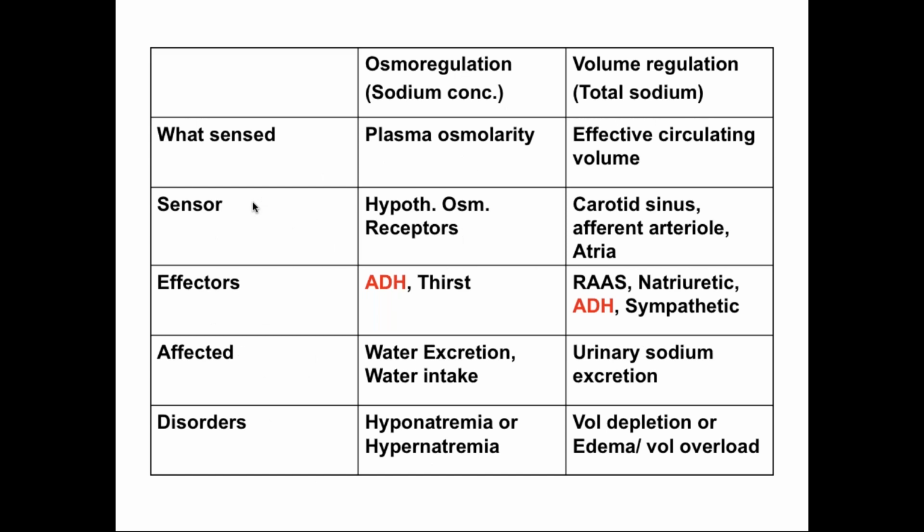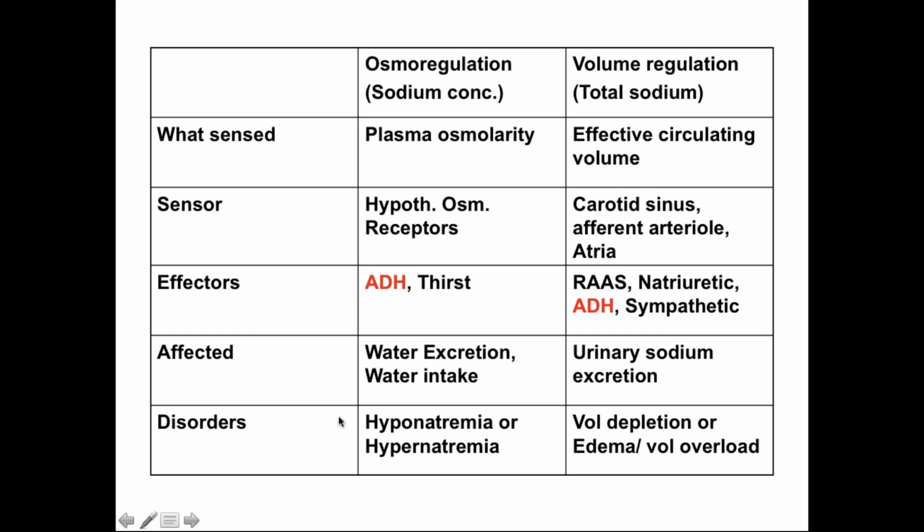One of the key concepts that we've talked about before is that the body regulates osmolarity as well as volume completely separately, and we have to think about them separately as well. Osmoregulation, which is the concentration of sodium sensed by the body as the plasma osmolarity, is sensed by the hypothalamic osmolarity receptors, and the effectors are ADH, and then it revs up thirst as well.